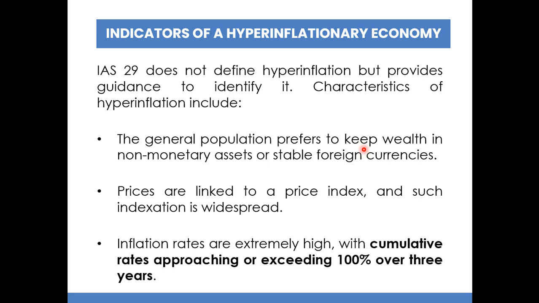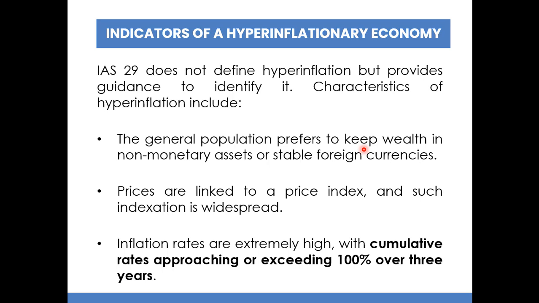Prices are linked to a price index, and such indexation is widespread. It means that they should use a price index to restate, and the indexation system is also widely accepted.